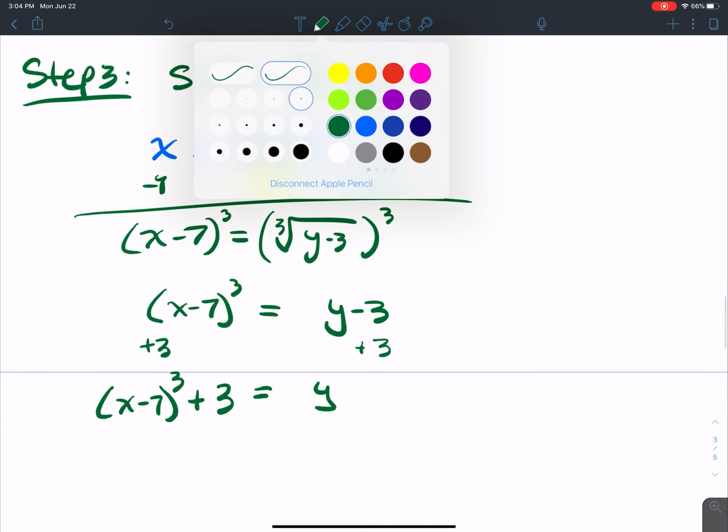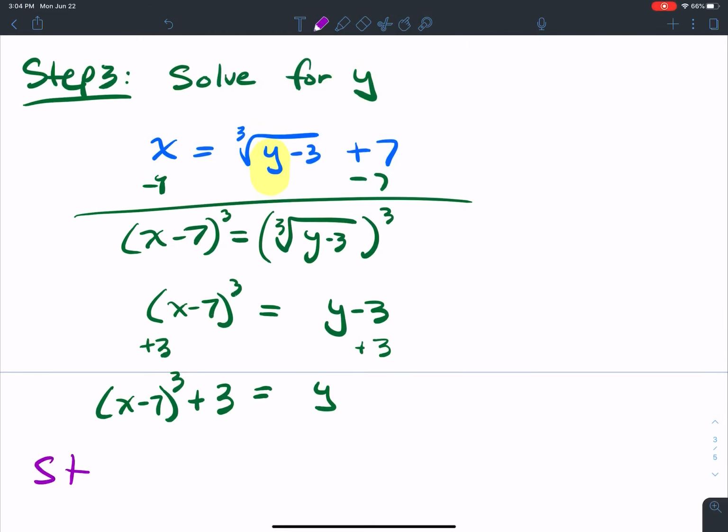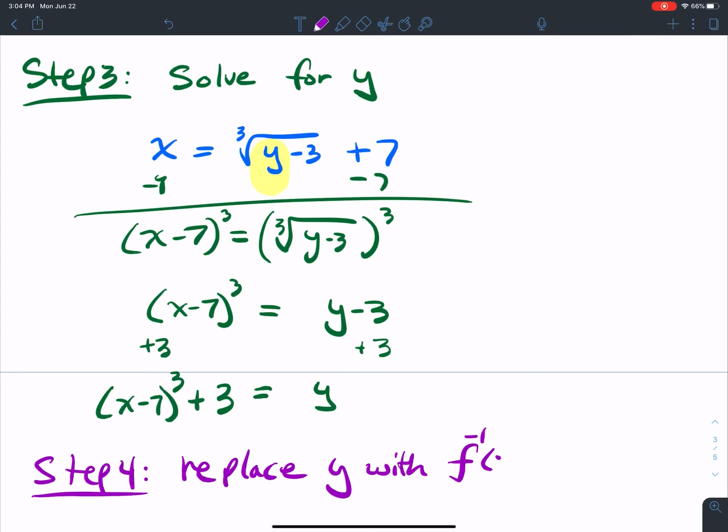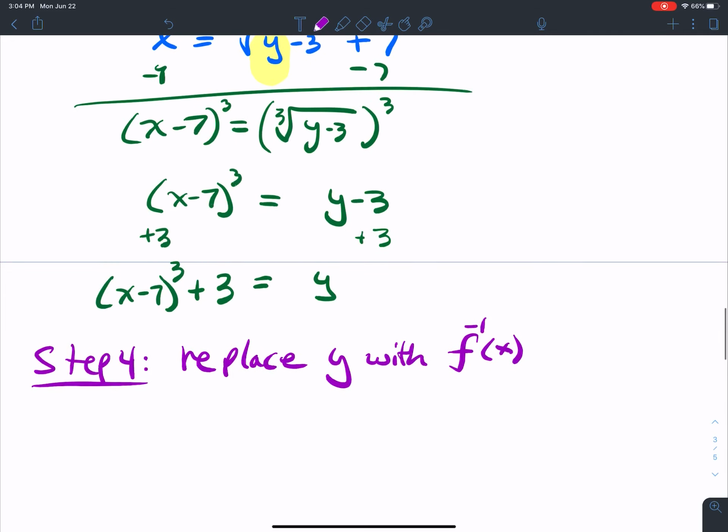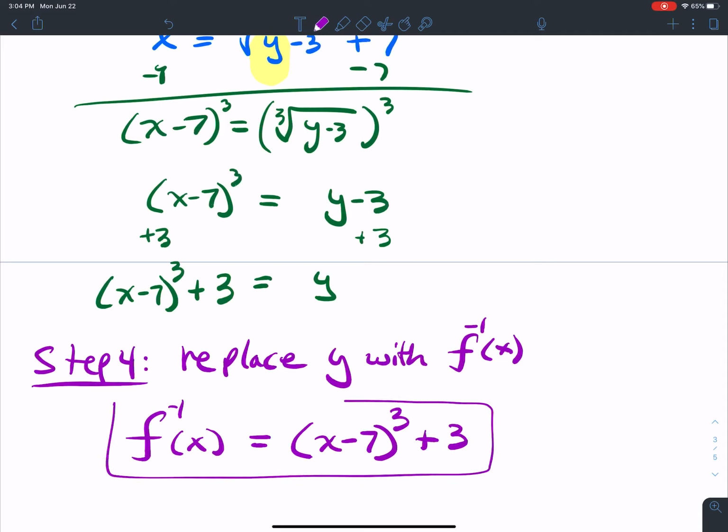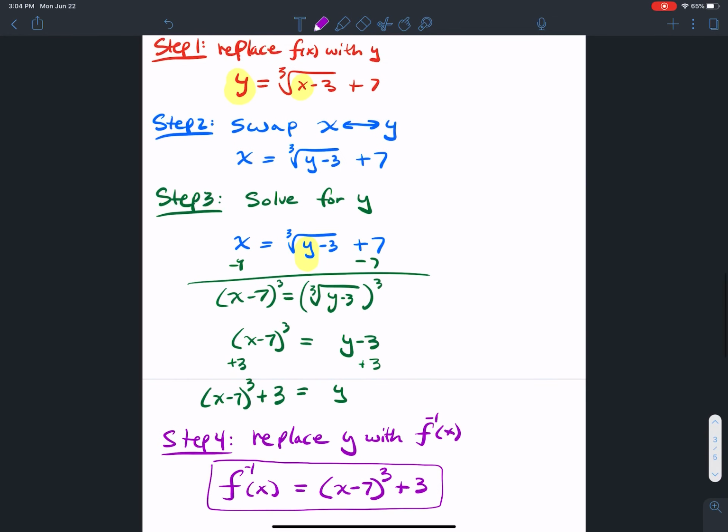And the last step, step 4, replace y with f inverse of x. So my answer is f inverse of x equals (x minus 7) cubed plus 3. This is the inverse function for what we started with.